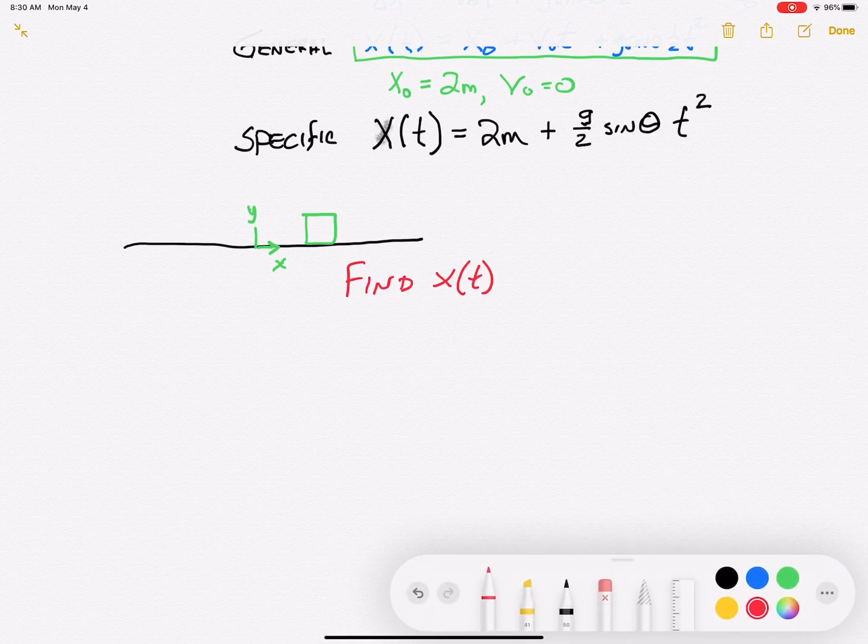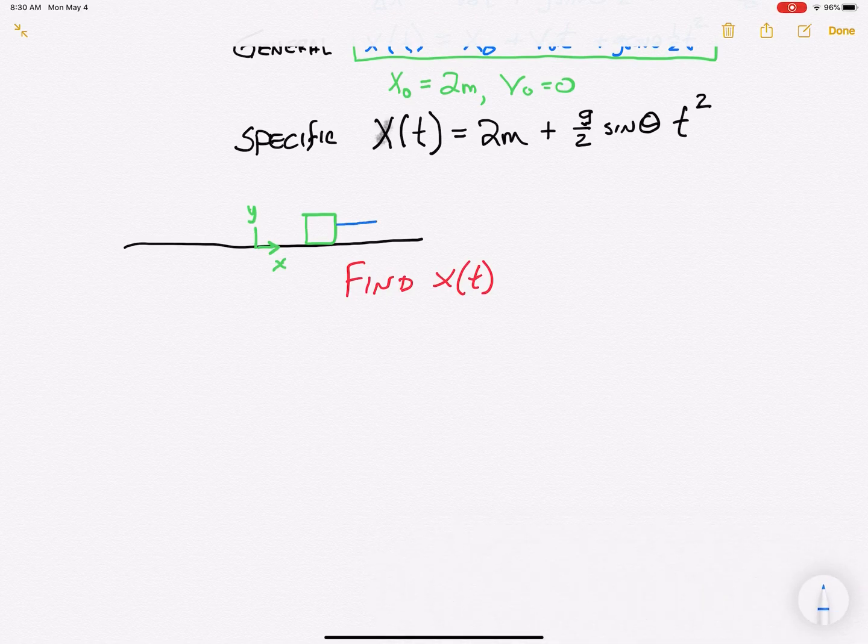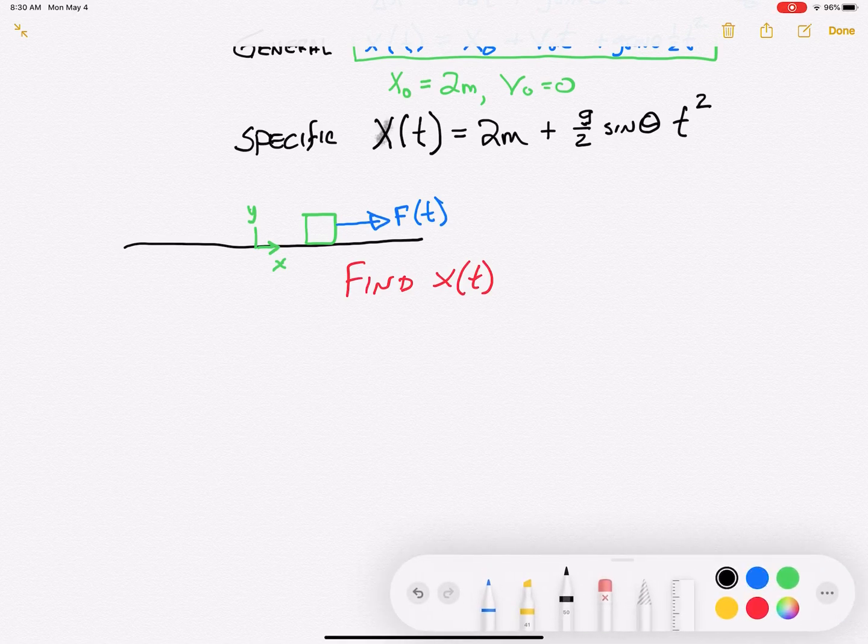Only now, because we have the proper language, I'm going to put a force on this that is a function of time. So, this is a force problem.